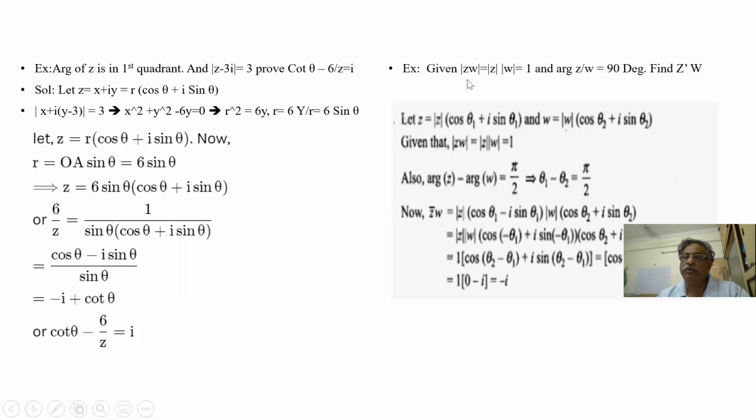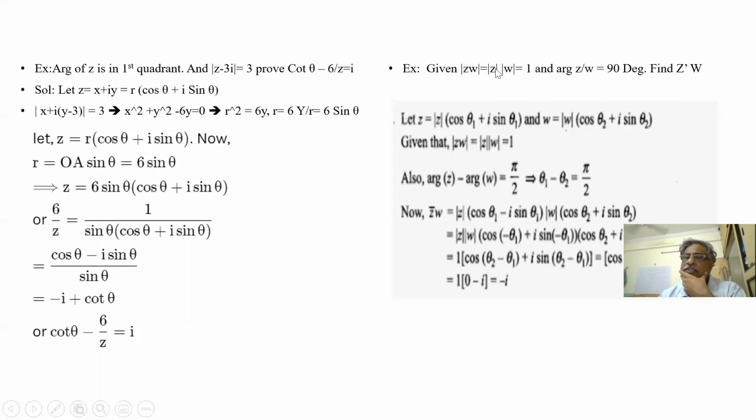Okay. Now mod of ZW is 1, and argument of Z by W is 90. Find Z bar into W. This is being asked. With mod of ZW is 1, what is Z bar W?